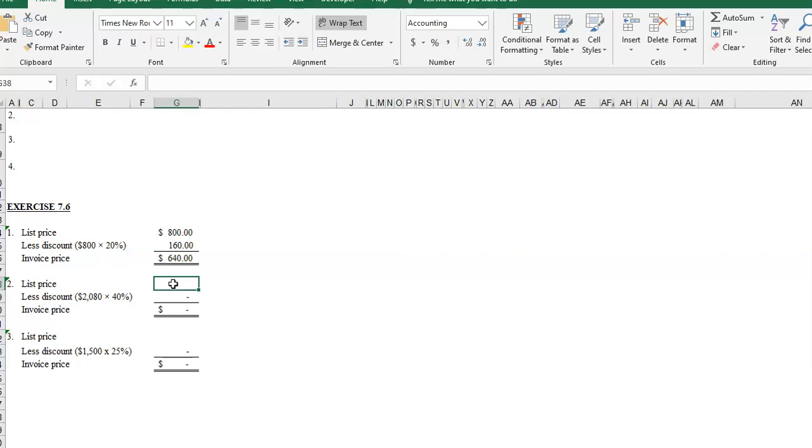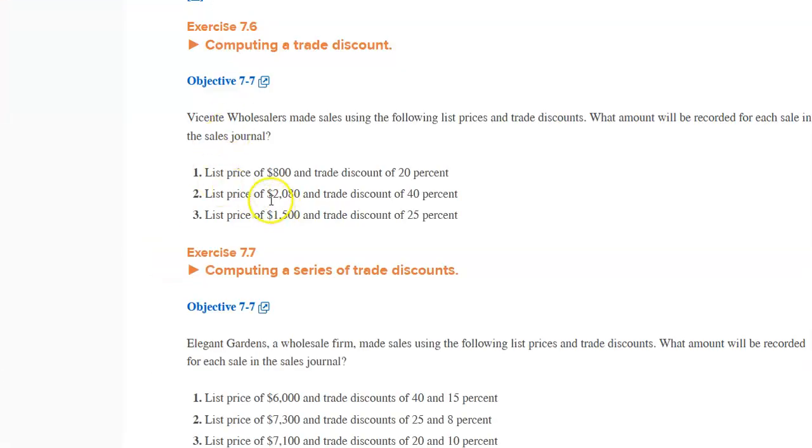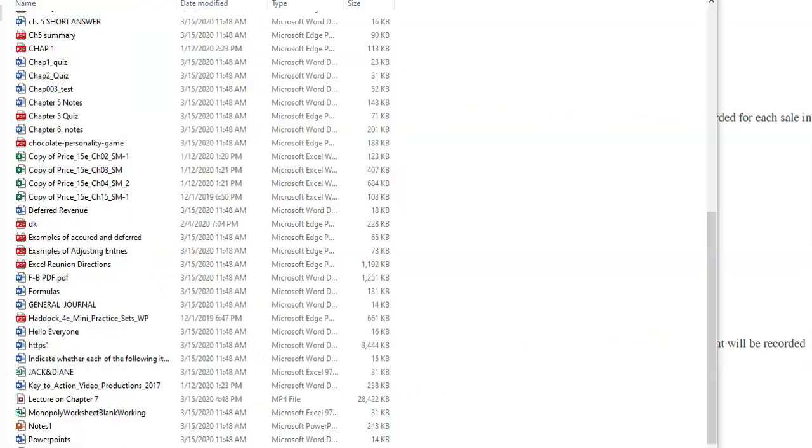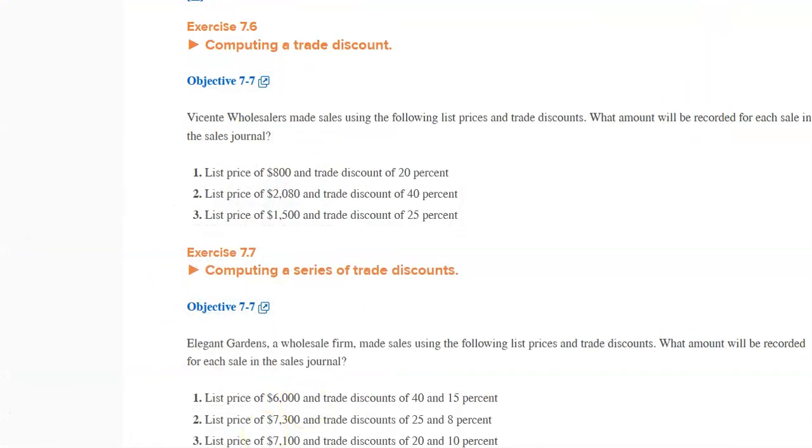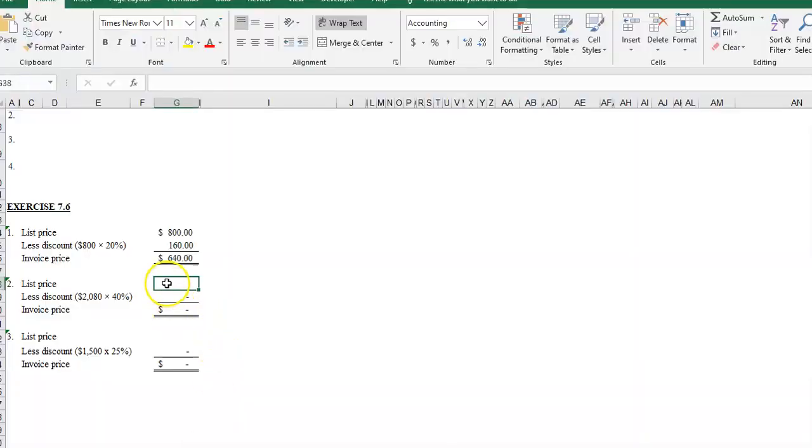Where is the second one? What's the list price on the second one? 2080 and a trade discount of 40. Less 40%.